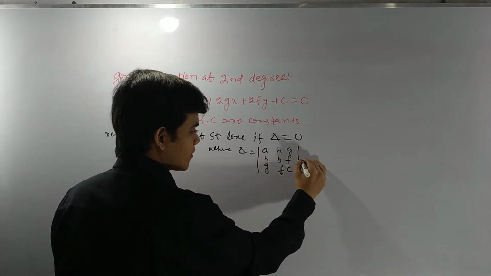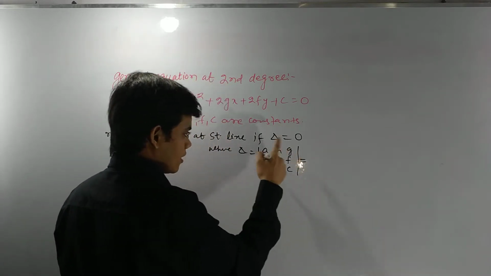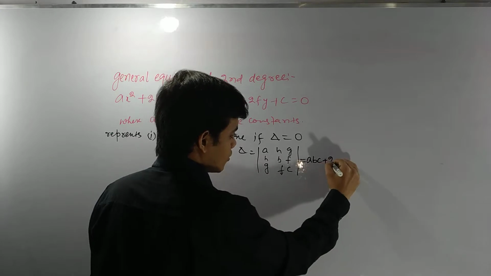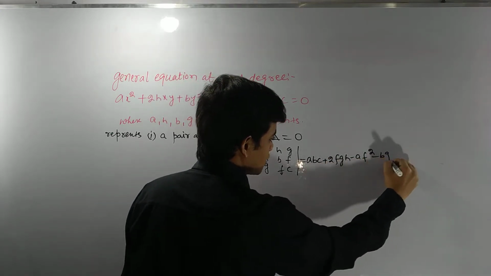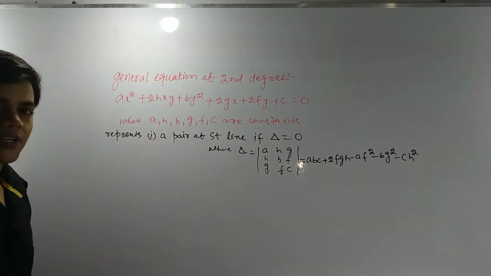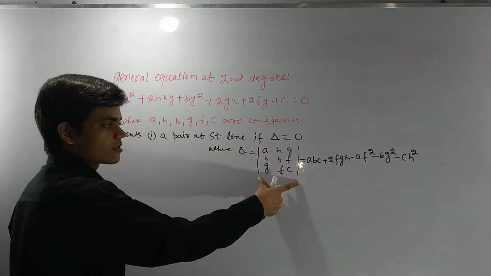Delta is this determinant. If you expand this determinant, then you will get ABC plus 2FGH minus AF square minus BG square minus CH square. So you must remember both these things, this expression as well as this.